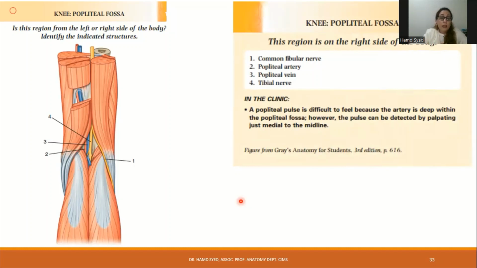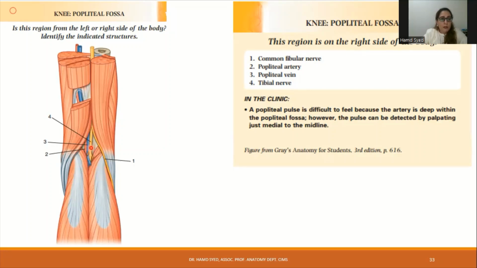Now, how can we tell that this is the popliteal fossa of the right side? Well, you can see that this is the tendon of biceps femoris, and it is accompanied by number 1, which is the common fibular nerve. This is on the upper lateral aspect, whereas the upper medial boundary is being formed by semitendinosus and semimembranosus muscles. And then below, the two heads of the gastrocnemius muscle are forming the boundaries of the popliteal fossa.